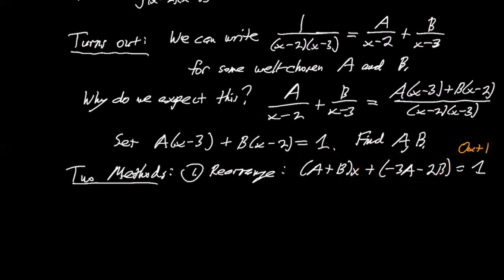That implies A plus B has to equal 0 and minus 3A minus 2B equals 1. That's two equations and two variables, which you can solve.